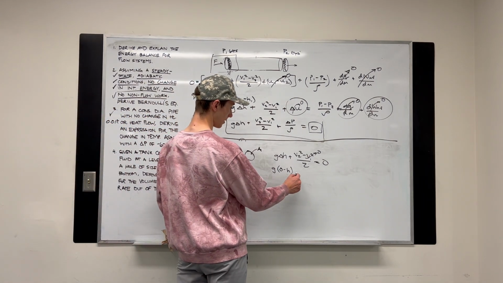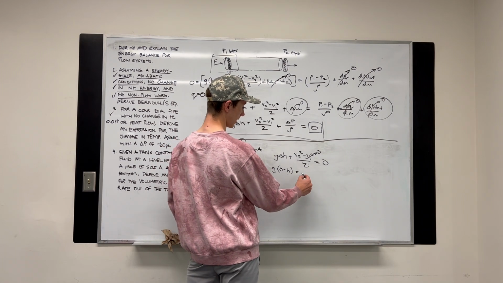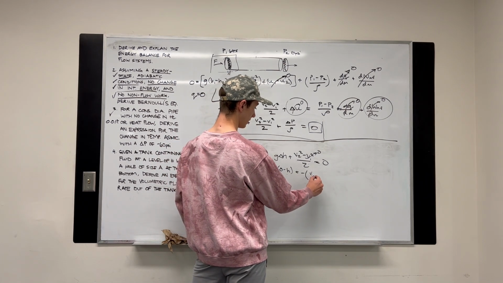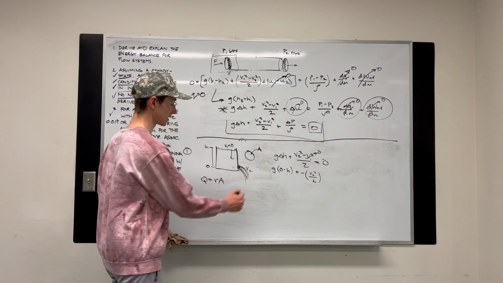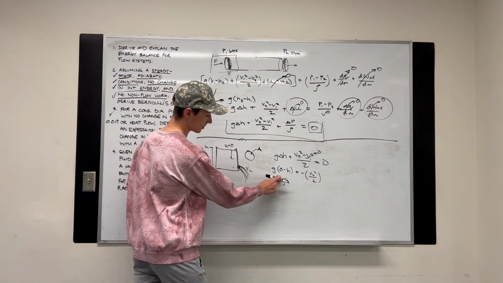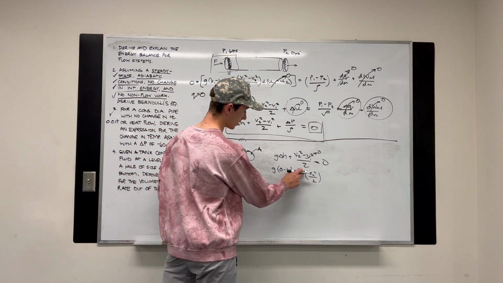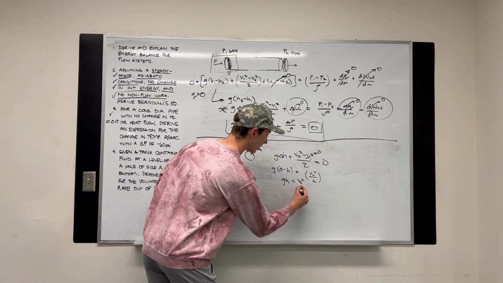That is going to be equal to, I'm going to move this to the other side, negative V2 squared over 2. Obviously, we're going to get negative gh here. No reason to carry these negative signs around, so I'm just going to cancel the negative sign: gh equals V2 squared over 2.